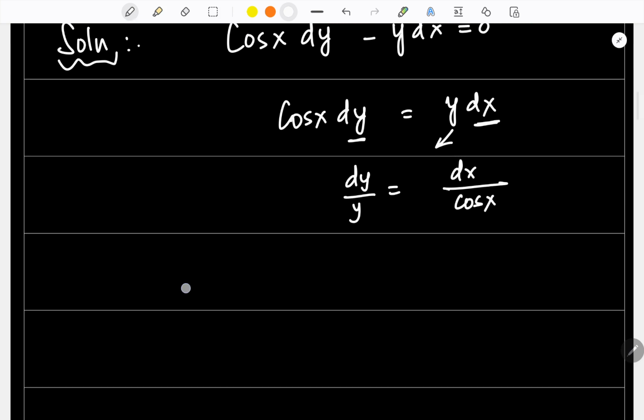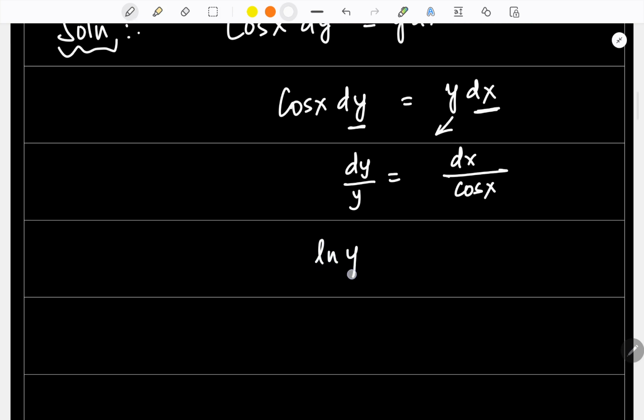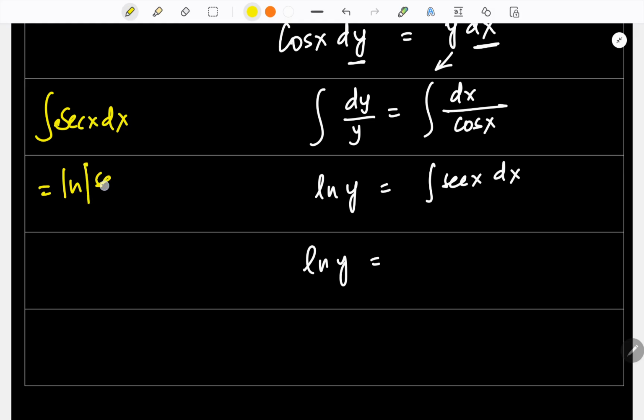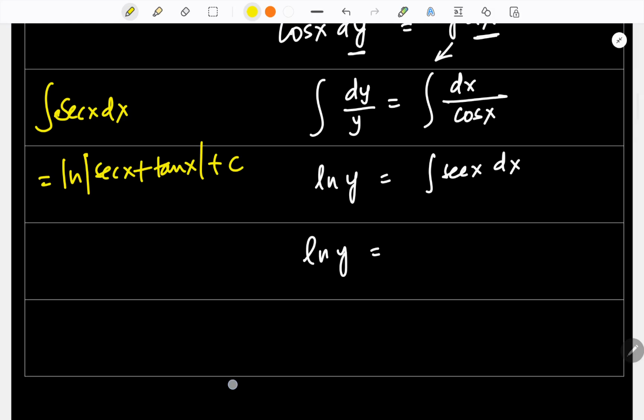Right? Yes. So now dy divided by y is integral, which gives ln y, and dx divided by cosine x is integral secant x dx. So ln y is equal to, what is the integral formula for secant x? Integral secant x dx is equal to ln secant x plus tan x plus integrating constant c.